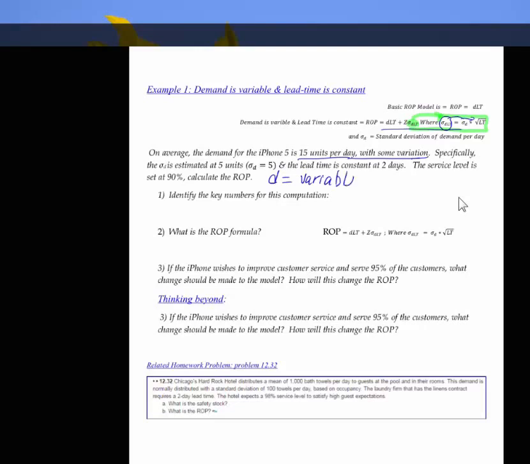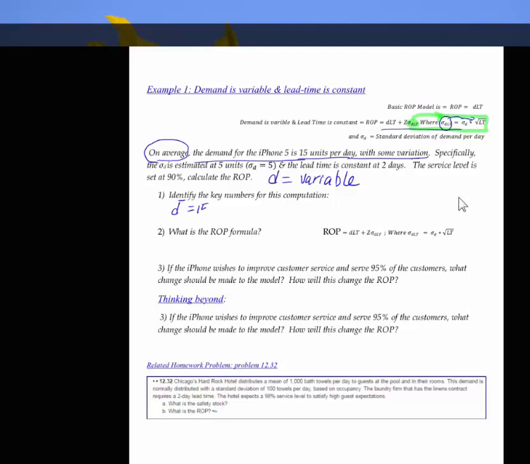Because we got two clues, 15 units per day with some variation, as well as on average, the demand on average right here. That tells us it's not always exactly 15 units per day. So we have noted now also that D should be 15.